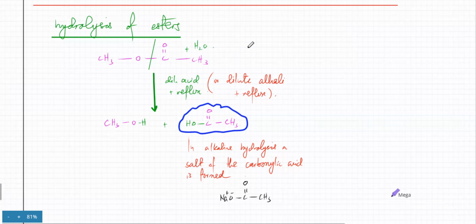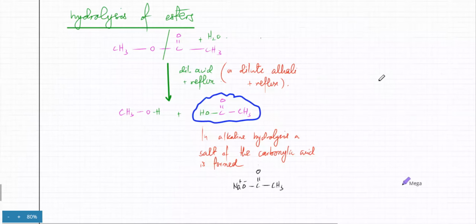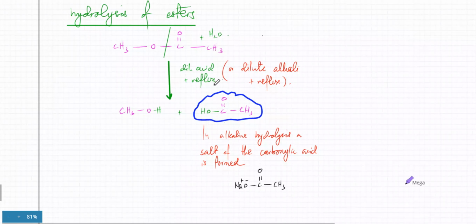Is this clear? Yes. Okay, so this pretty much sums up the whole of the alcohol chapter that you have, and you have to be very careful with this, because if they've given us NaOH and you're breaking down an ester using NaOH, you never form a carboxylic acid. It's going to be the salt of the carboxylic acid, not the carboxylic acid.